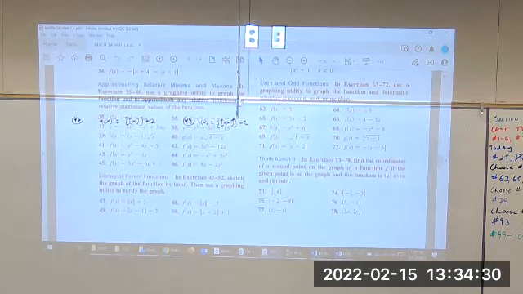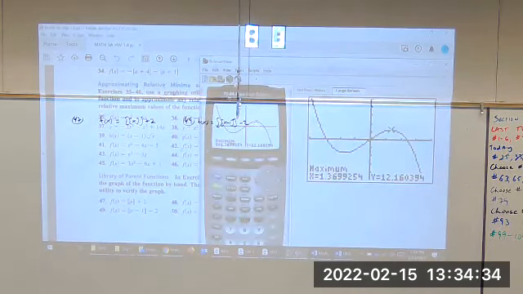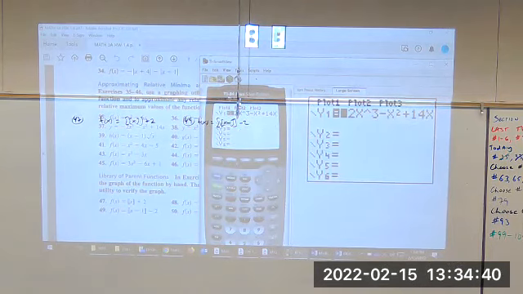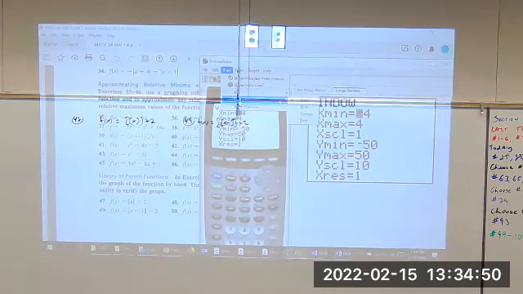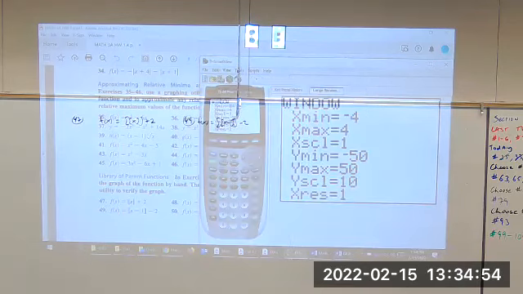Graph by hand. Now I'm just pulling up the calculator's screen so I have a window to work with.